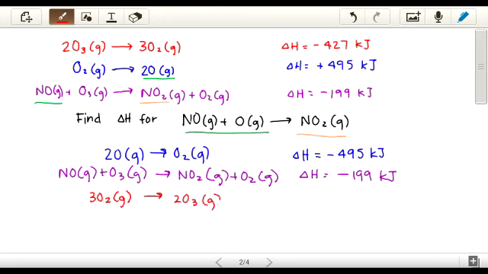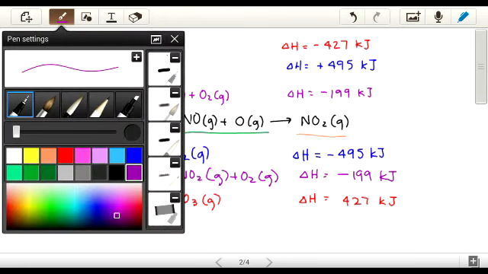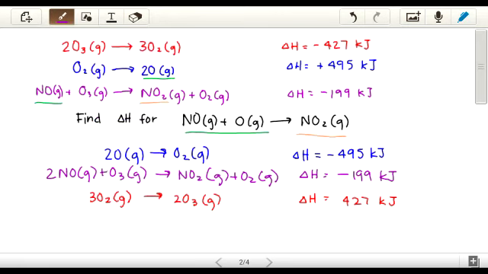And so this is also going to change sign because it becomes an endothermic reaction. And so now we see that the O3 right here on the red equation needs to be cancelled out with the O3 in the purple equation, but the red equation has a coefficient 2, so we're going to have to multiply through the purple equation by 2 all the way through.